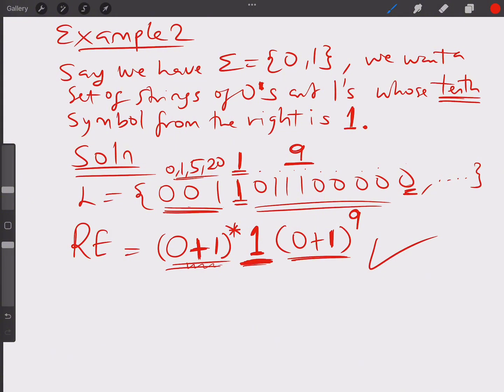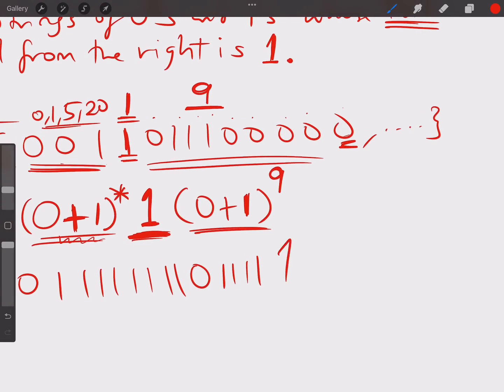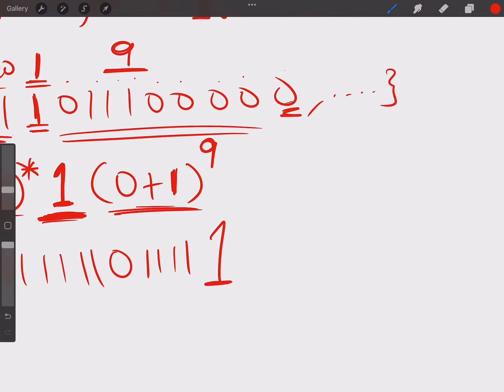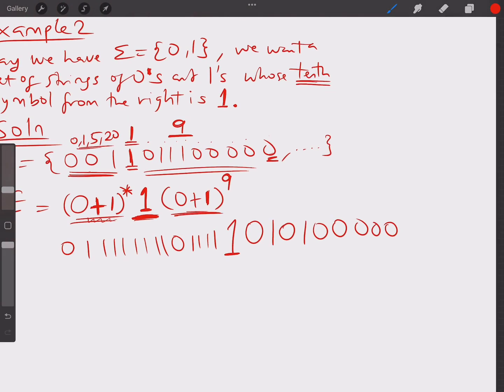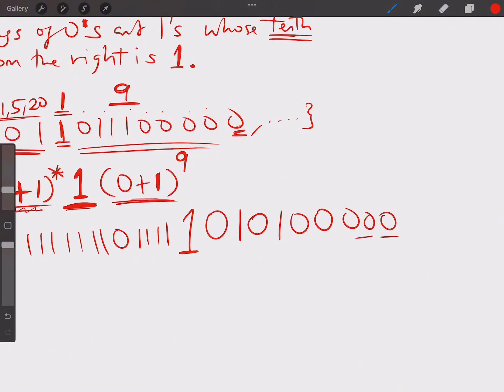0, 1, 1, 1, 1, 1, 1, 1, 1, 0, 1, 1, 1, 1. Then the requisite 1. Then for the 9 symbols, 0, 1, 0, 1, 0, 0, 0, 1, 2, 3, 4, 5, 6, 7, 8, 9. Now 0, 0, 0, 0, 0, 0, 0, 0, 0, 1, and the condition is already fulfilled.